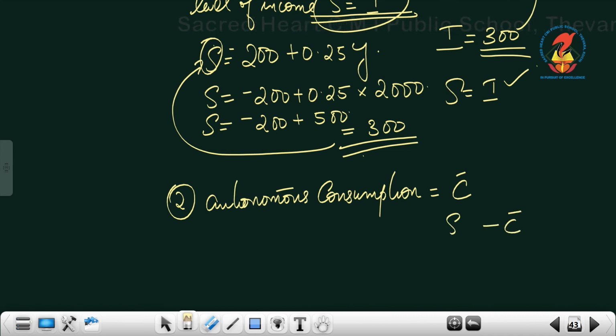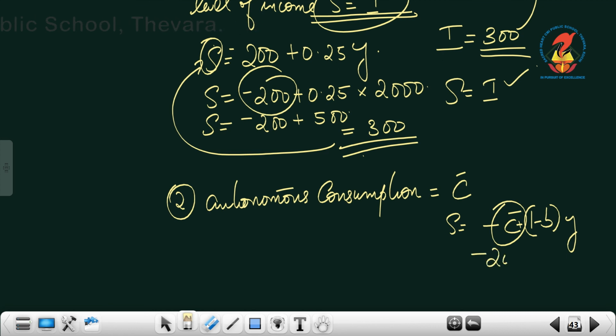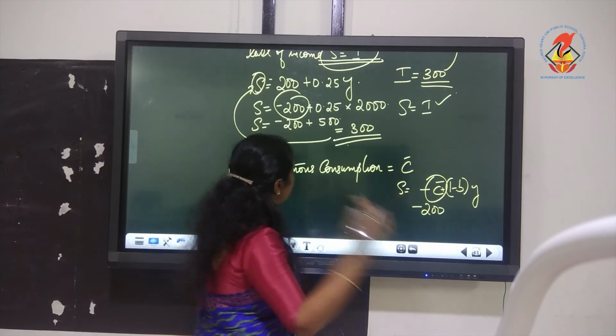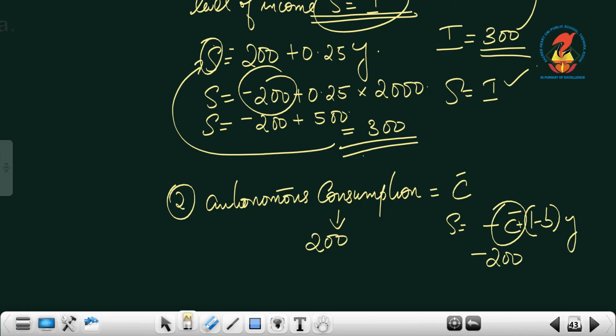Minus C bar is given, because S is equal to minus C bar plus 1 minus B into Y. What is the value of minus C bar given here? Minus 200, isn't it? So, what is the value of C bar, autonomous consumption? 200. Therefore, the value of autonomous consumption is 200.